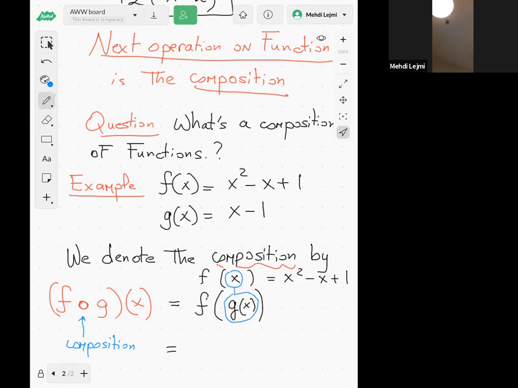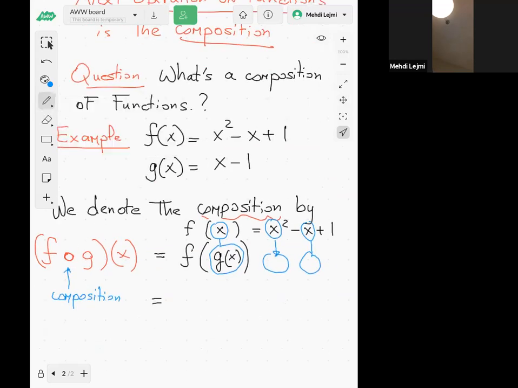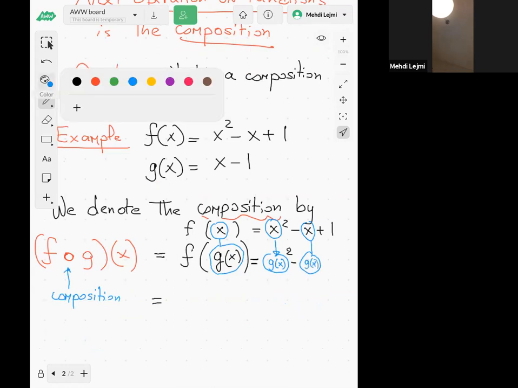So whenever we have x, there's an x in here, there's an x in here. I'm gonna substitute x with g of x, okay? So this x now is gonna be g of x, right? And there's a square outside, minus the next x, that will be another g of x here, and then there's a plus 1. So again, the composition of f with g, what you do is substitute x with the g of x.